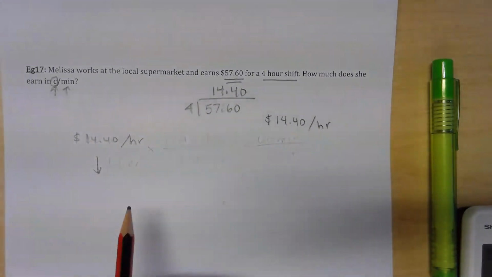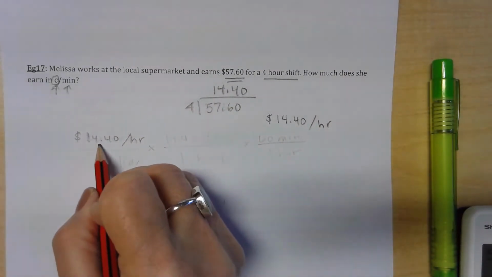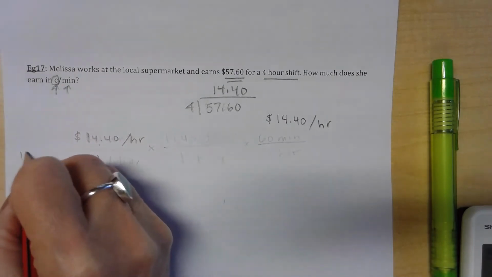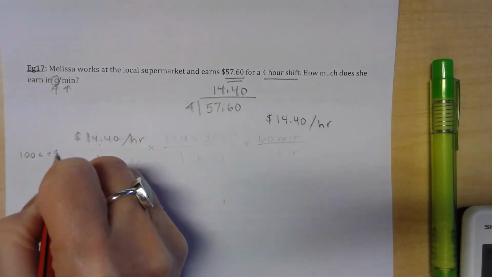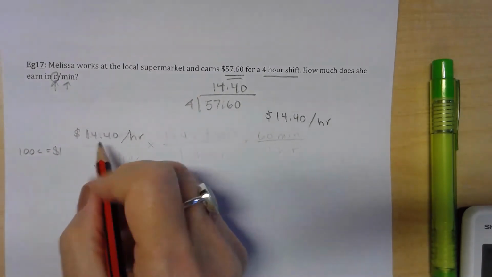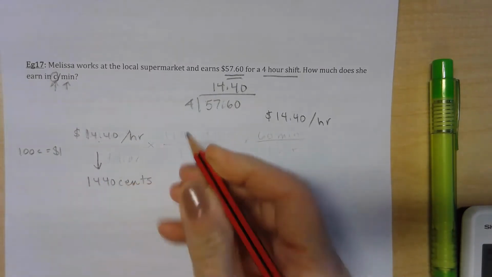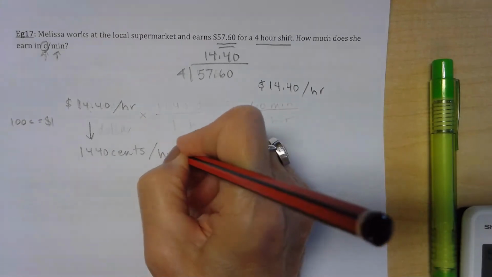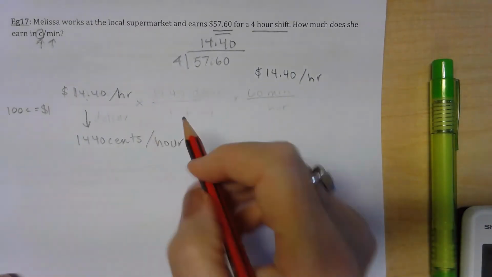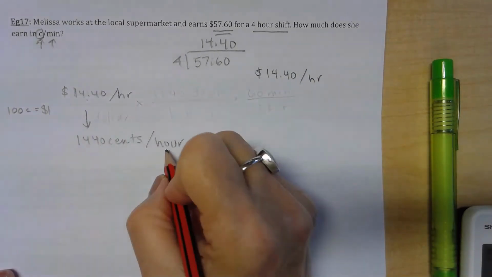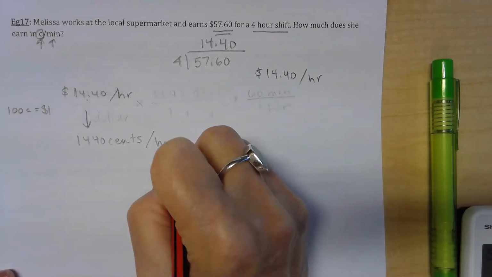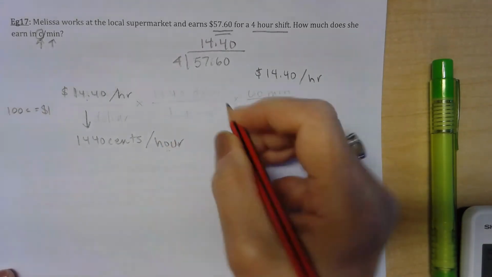Sorry, girls, I decided to be a bit easier. I'm going to change these dollars to cents. There's 100 cents in $1, so I'm going to multiply by 100, and she makes that much in 1 hour. Now I want to know how much she makes in a minute, so I have to change this hour to 60 minutes.